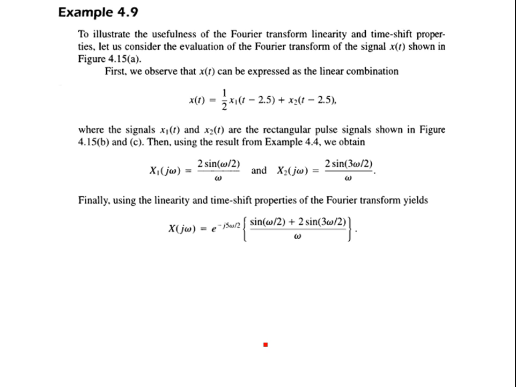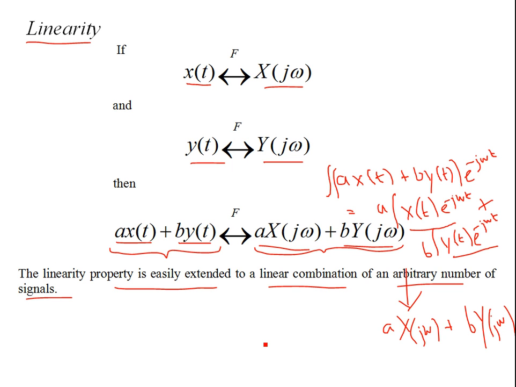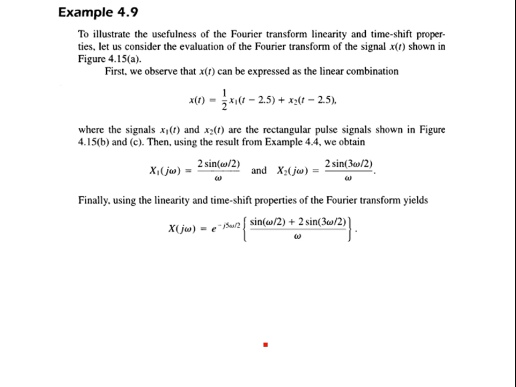Now to bring these two properties into use, let's see example 4.9 from the course text. To illustrate the usefulness of the Fourier transform properties that we have discussed, linearity and time shift, let us consider the evaluation of the Fourier transform of the signal x(t) shown in figure 15a.